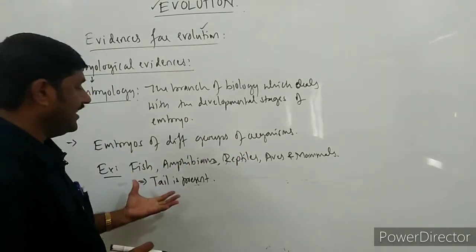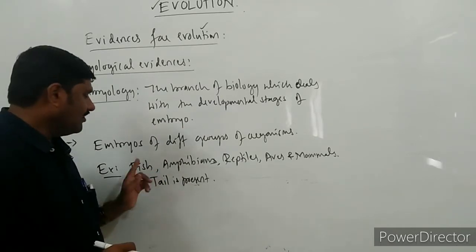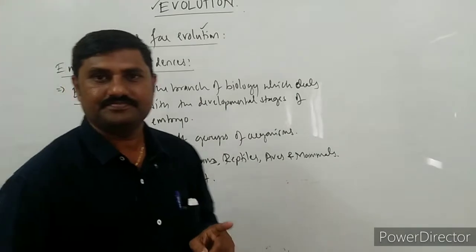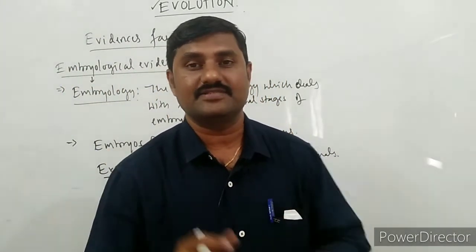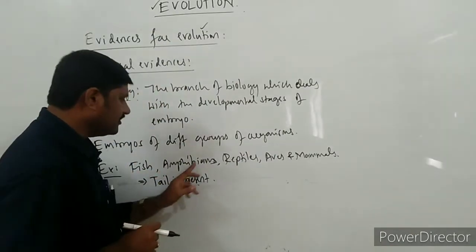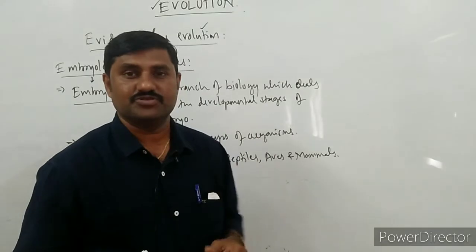So what does it indicate? It indicates that all these are formed from a common ancestor. All these different groups of organisms have evolved from a common ancestor.